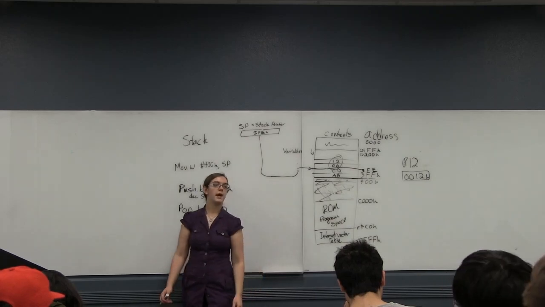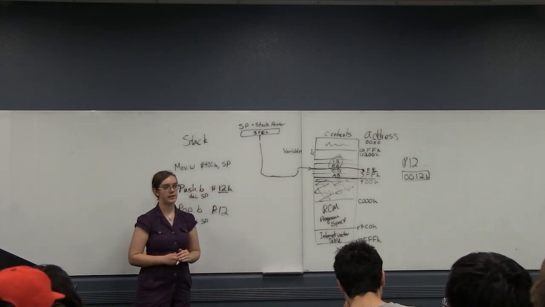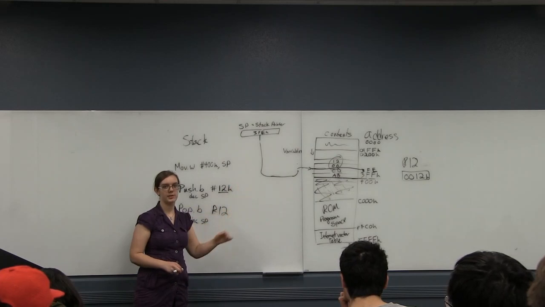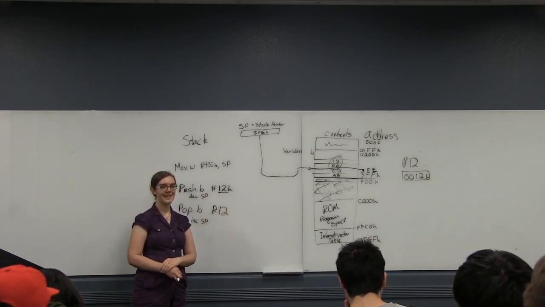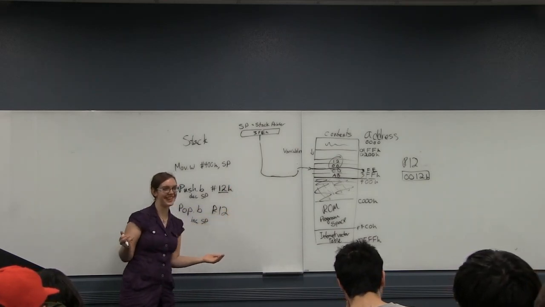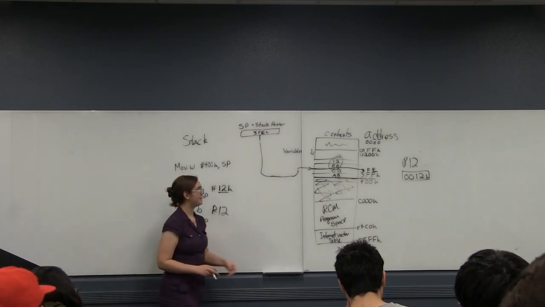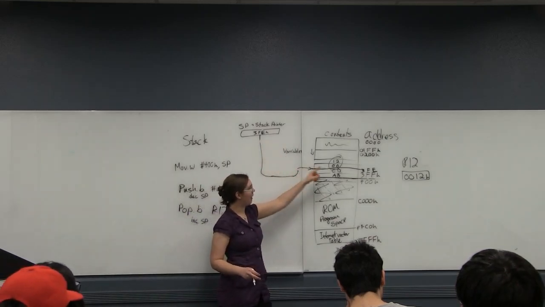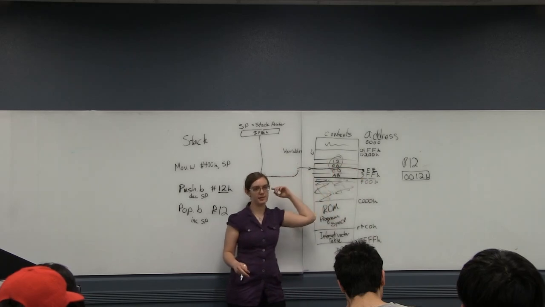Can anyone tell me what happens if you put too much on the stack? If your stack grows too much? Stack Overflow. Stack Overflow, the name of the greatest resource on the internet. It is also what happens if you push this value up past 200 or into your variables.